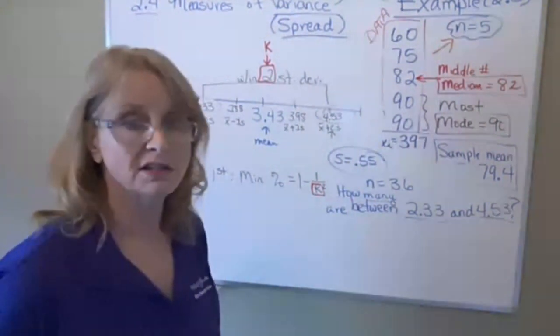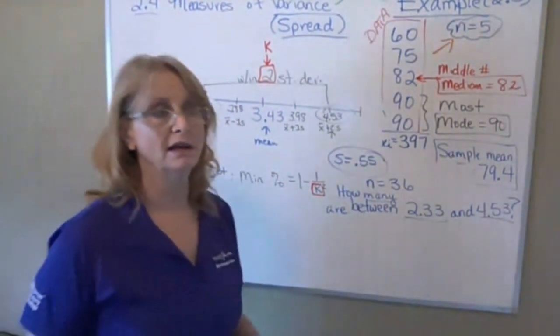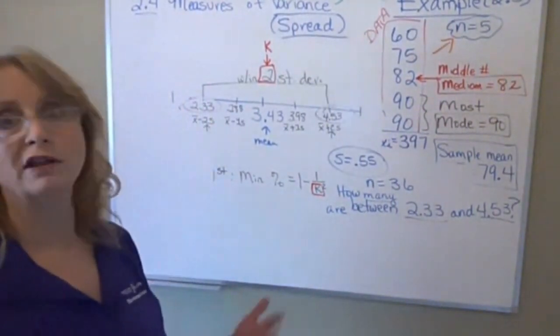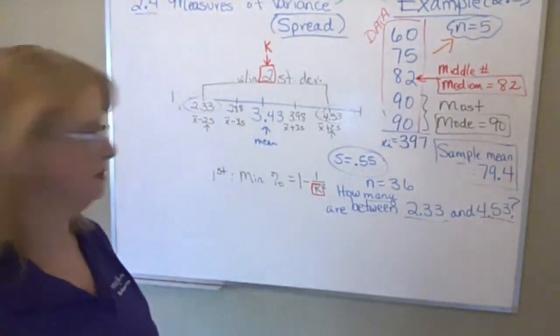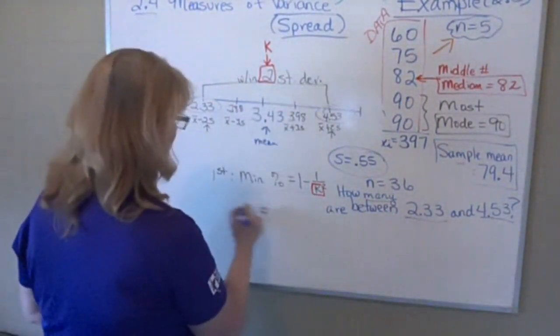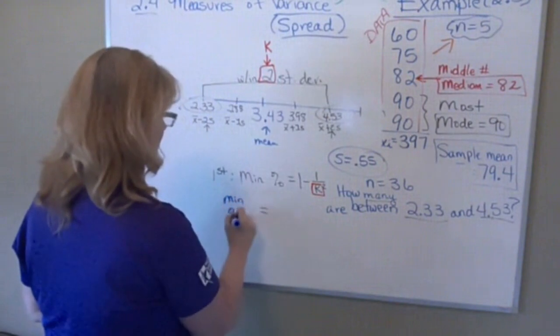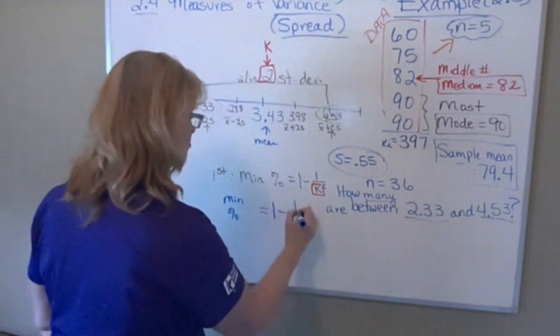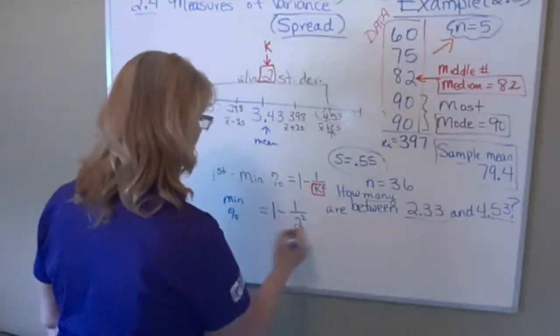But a lot of questions just say, what's the minimum percent that are within 1.5 standard deviations or 2 standard deviations or 2.3 standard deviations? It doesn't have to be a whole number. But this one, I'm looking for first the percent that's within 2 standard deviations. So I'm going to have 1 minus 1 over 2 squared.